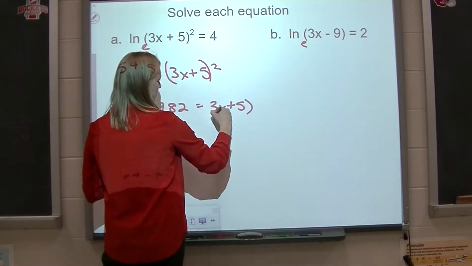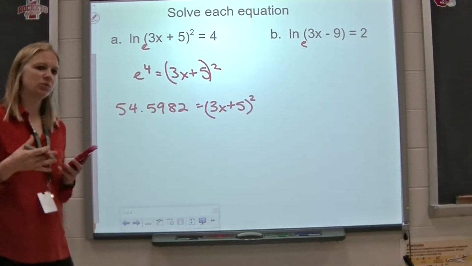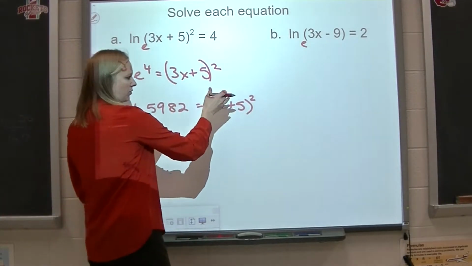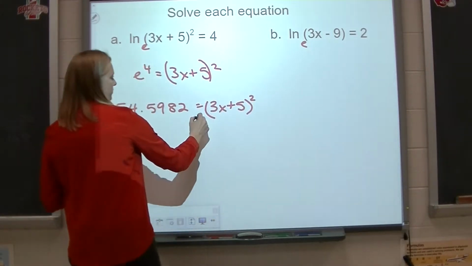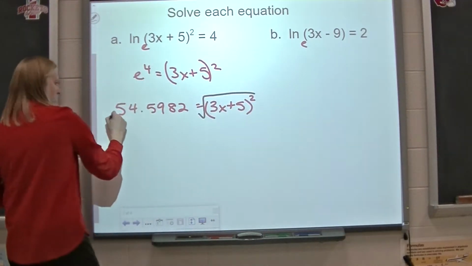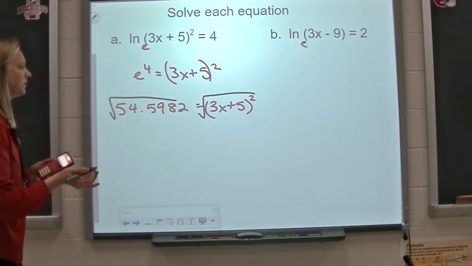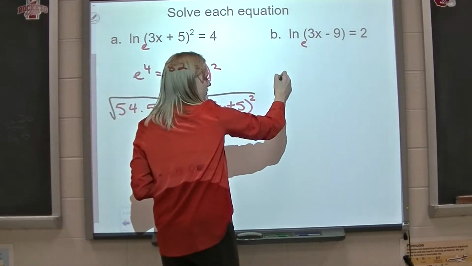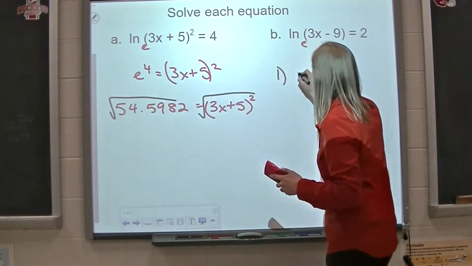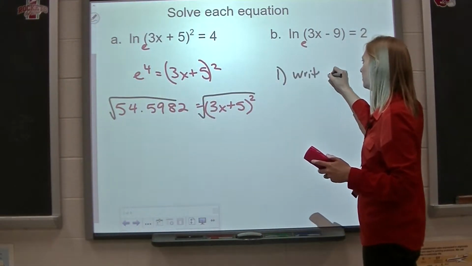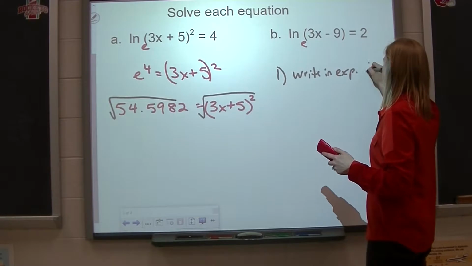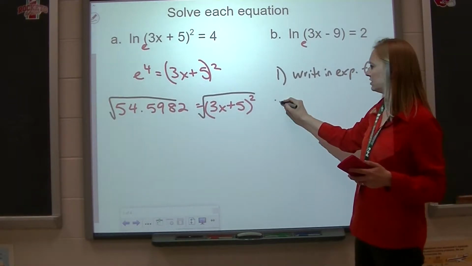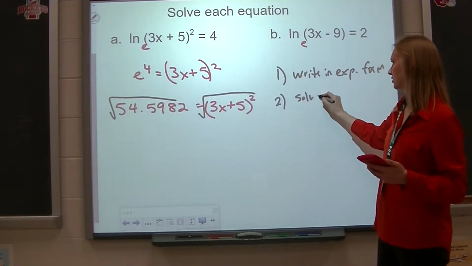And then 3x plus 5 squared. Remember, when we're squaring something, we can square root it to find the answer. So if you're a step person, your first step is write in exponential form. And then the second step is solve for x.